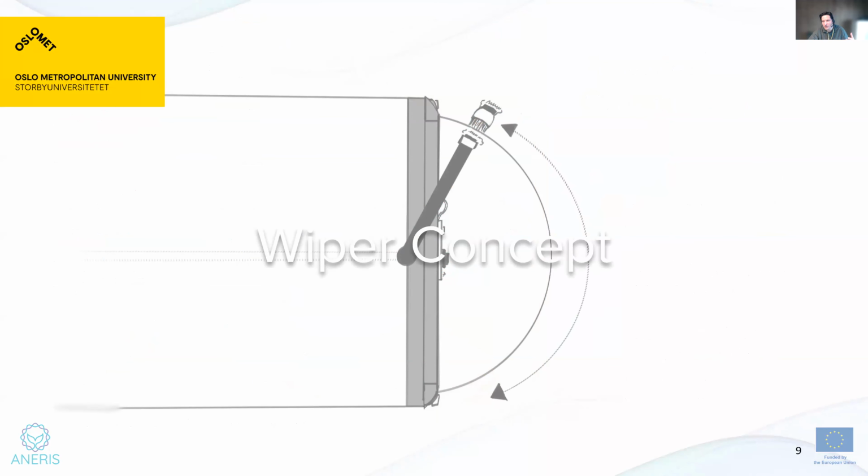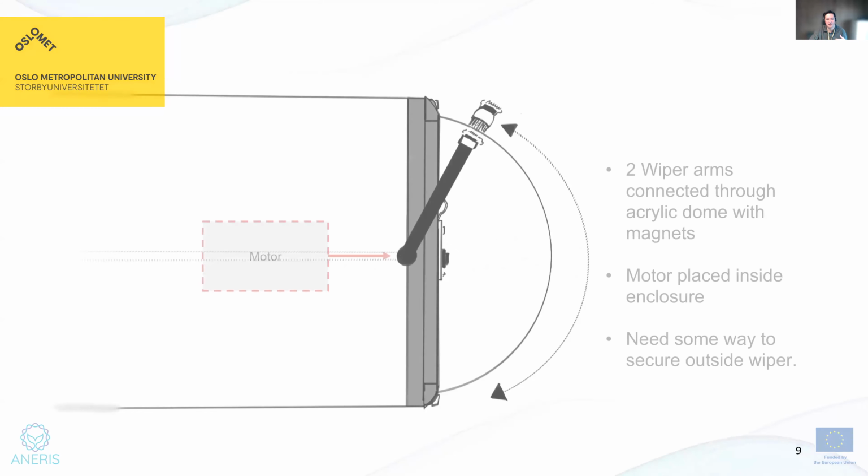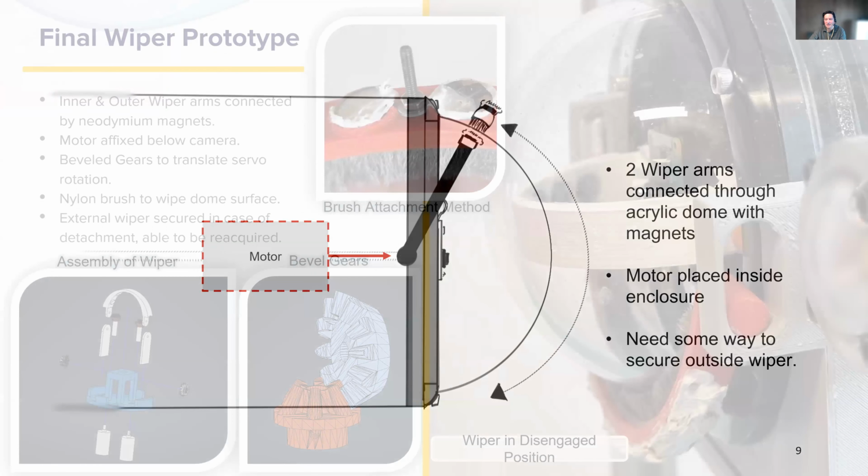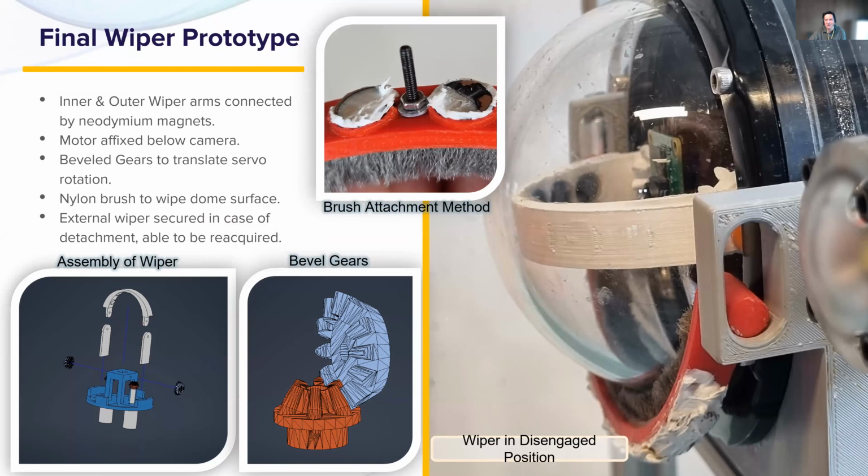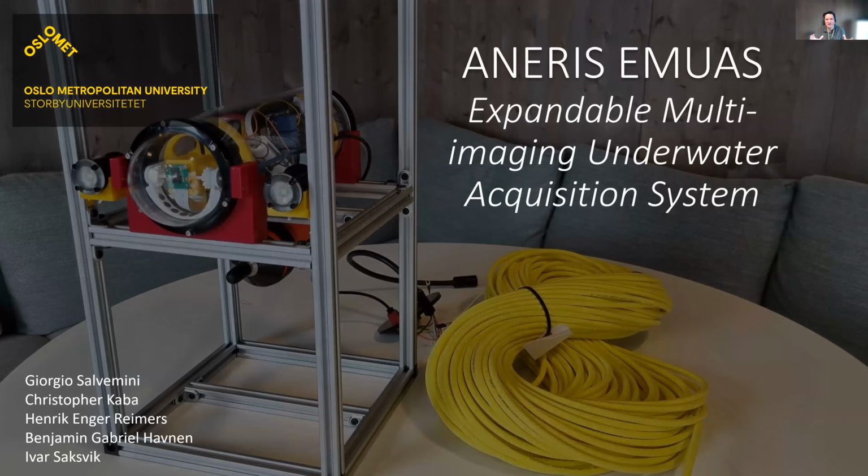And we have played with different methods to mitigate the biofouling problem. One of the first methods that we're using is a mechanical wiper, but in a specific configuration: a magnetically coupled mechanism, which means that there are no motors exposed to seawater. And here you see an example of the first prototypes of this wiper mechanism. And here, one of the first prototypes of this ANERIS low-cost subsea observatory.